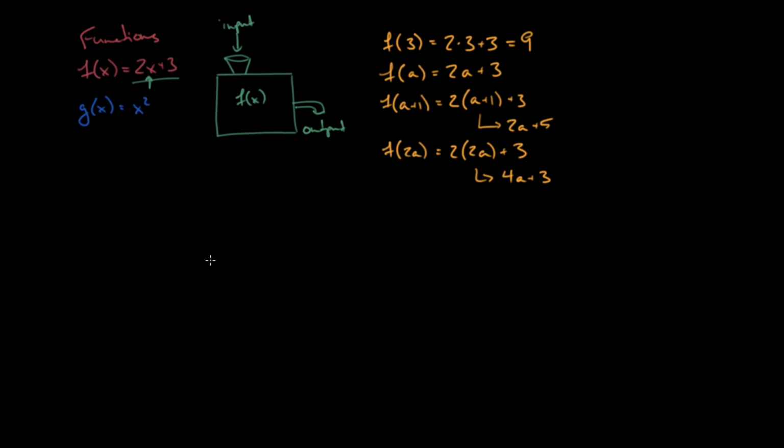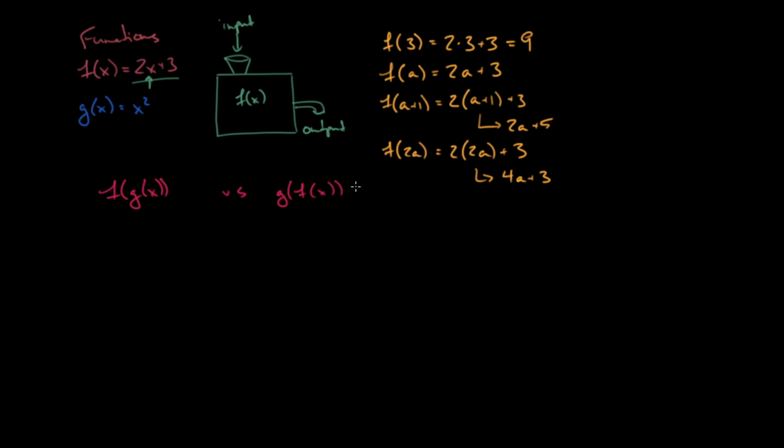And so what I could do is plug the value from g of x into f of x. I could combine these functions into something that looks like f of g of x, which is different than g of f of x. These are two different things.